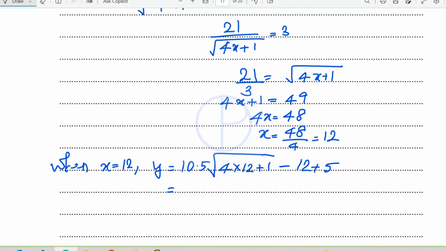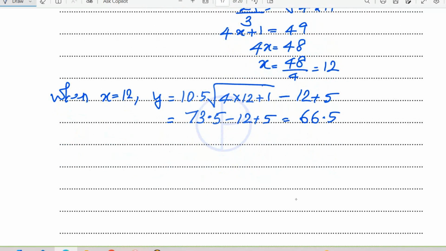Square root of 49 is 7. 10.5 multiplied by 7 is 73.5, minus 12 plus 5. This is equal to 66.5. So the point is 12 comma 66.5.